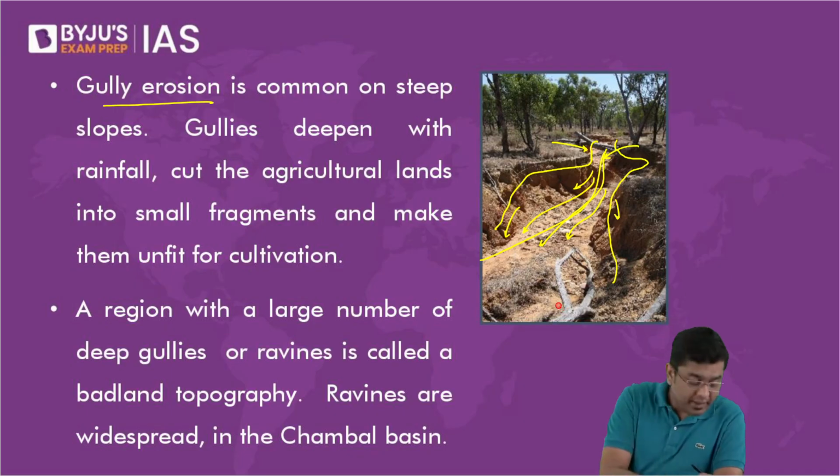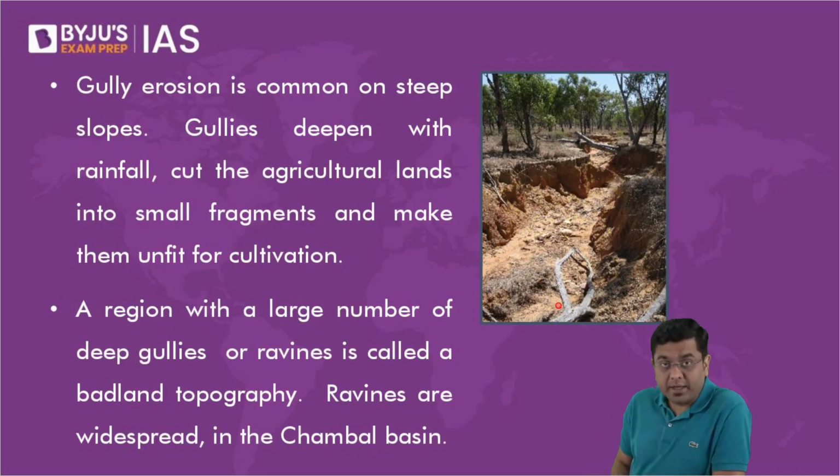That is how these deep gullies are created. Once you have these gullies in a region, that region is not commercially utilizable, because it will be significantly crisscrossed with many different gullies. The land won't be utilizable significantly.